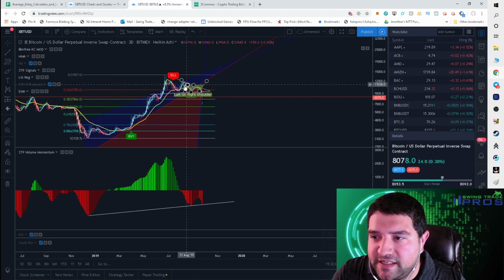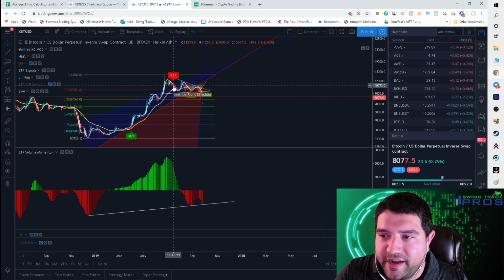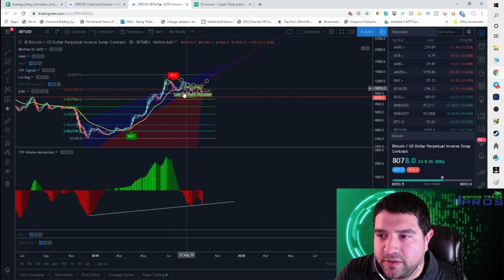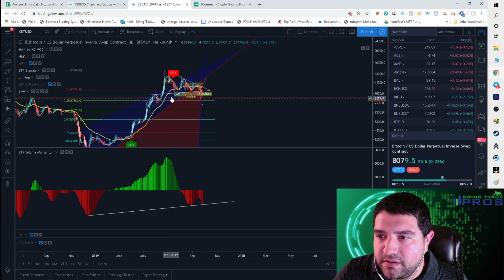But back to the sell signal, right? We got the sell signal on the 3-day chart back in July. If you were trading Bitcoin on a 3-day chart as a long-term swing trader, you would have been shorting this the whole way. You could have taken a short here when this candle opened at 11,300.